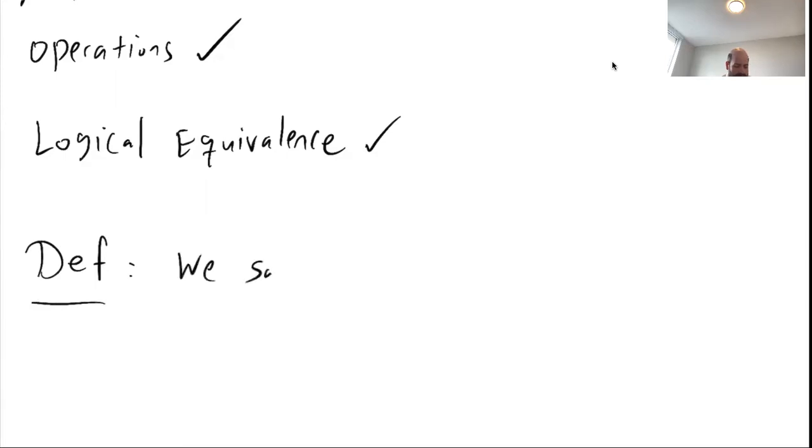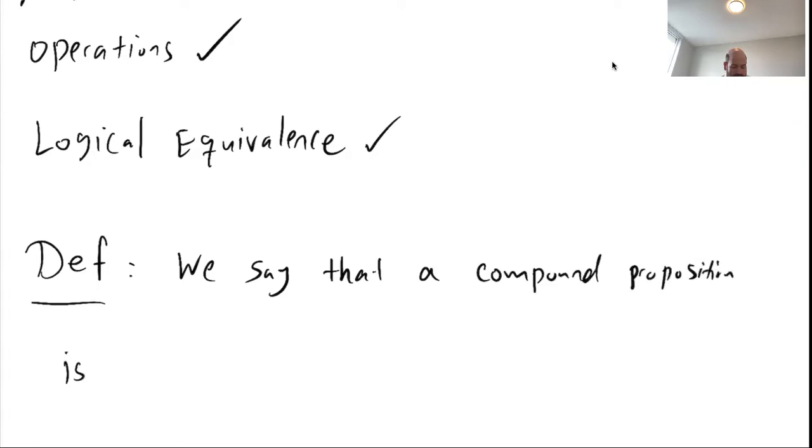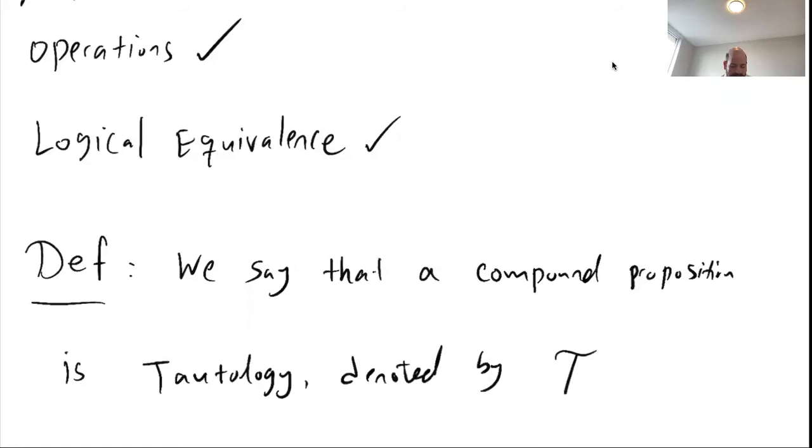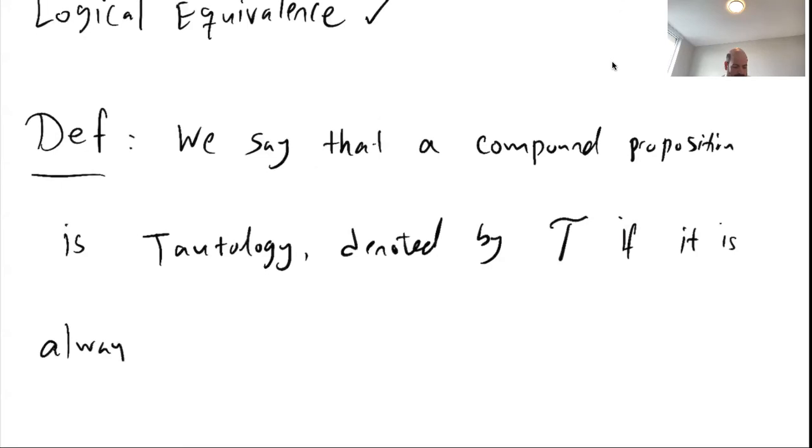We say that a compound proposition is a tautology, denoted by, let me denote it by curly T, if it is always true.